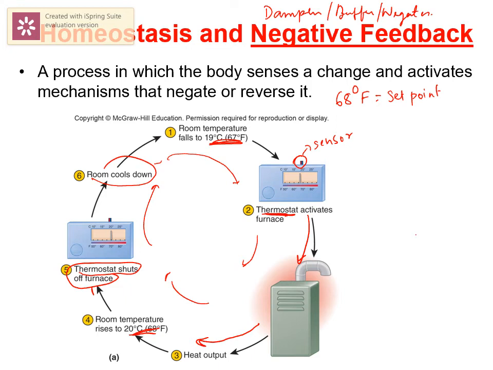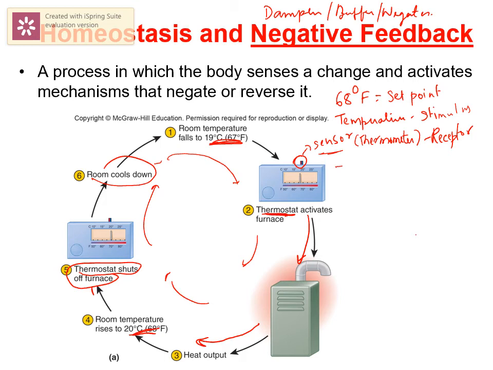So from this example, the room temperature is the stimulus, because when the temperature falls, the sensor detects the change, right? So the temperature is the stimulus, then the sensor or thermometer in the thermostat becomes the receptor.